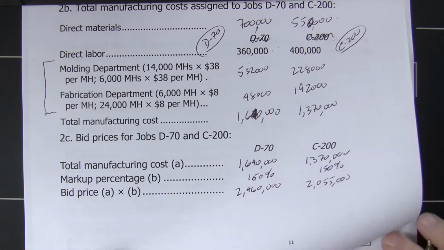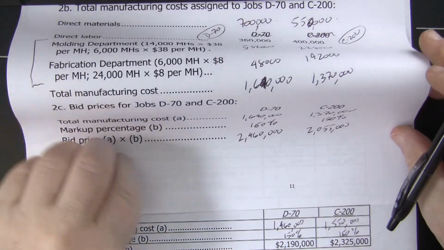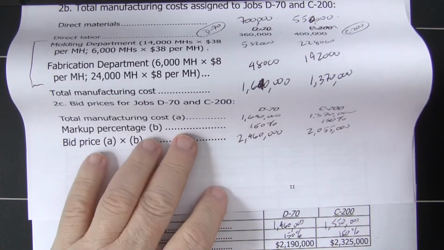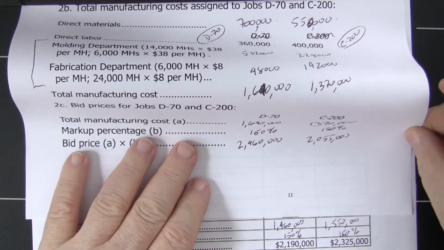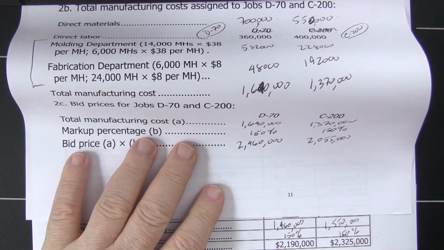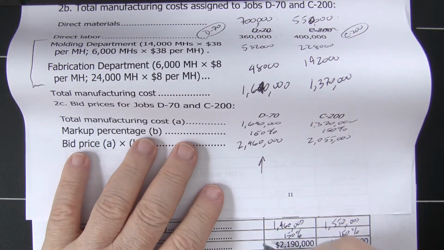Notice that those bid prices are different. They're not a lot different, a couple $100,000, and in a $1 million business, that's not all that much. But many companies feel that this method is superior to this method.